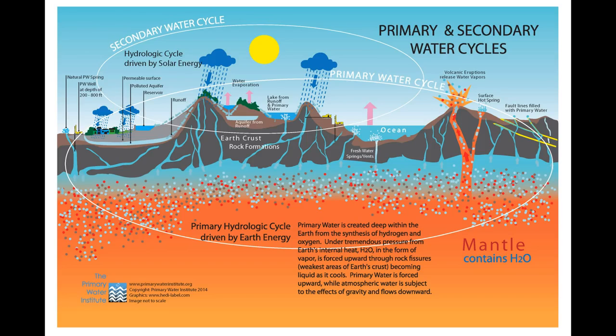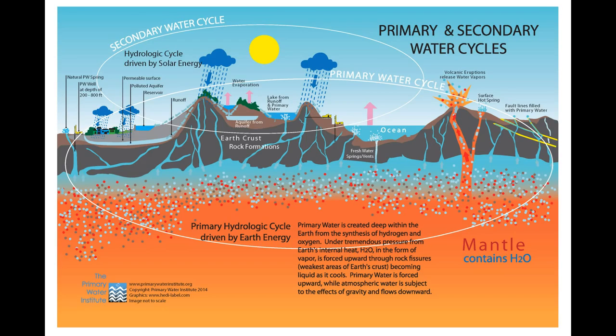So all of the containment of water that's on the surface, such as the oceans, the reservoirs, and the lakes, are all as a result of the primary water surfacing, and then becomes the secondary water cycle. Indeed. I think this is a terrific illustration in the sense that it is really showing people the two cycles of water.